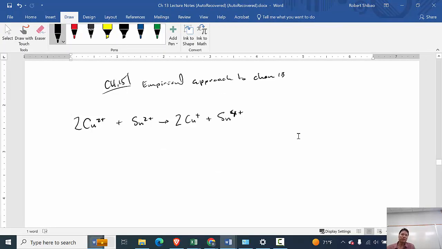So is there a driving force for this reaction? So let's just compare. Copper 2 is the oxidizer in the forward direction. What's the oxidizer in the reverse direction? Tin 4 or copper 1? Tin 4. This is the oxidizer. Now, do you have your chart? Can you tell me which is the stronger oxidizer, copper 2 or tin 4?